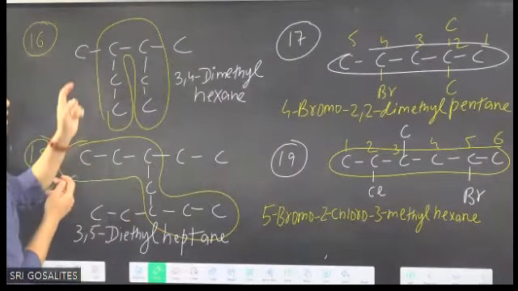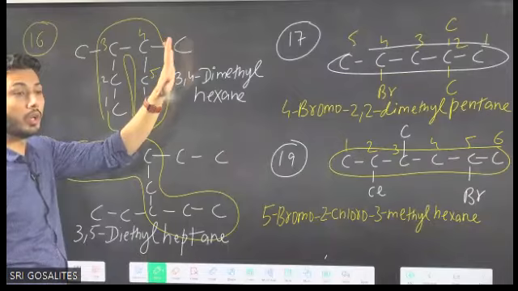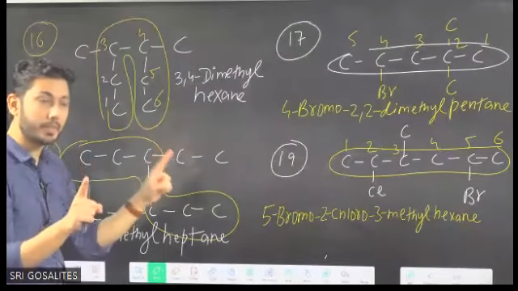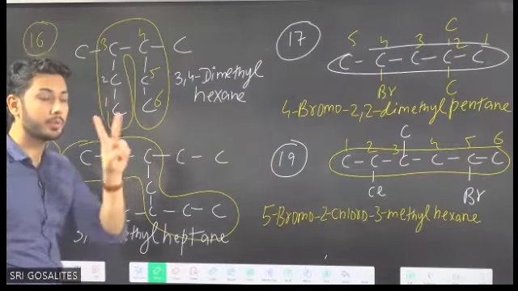Longest chain 6. Okay. At any side numbering you can do. Both have the same position. 3, 4, 5, 6. Third position CH3, not part of the parent chain. Fourth position CH3, not part of the parent chain. CH3 means methyl. How many times? 2 times.